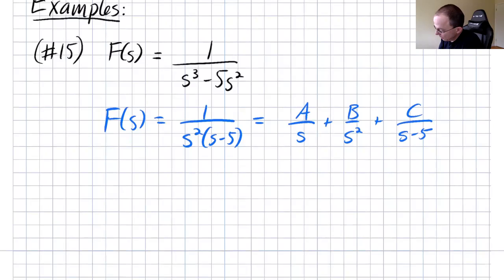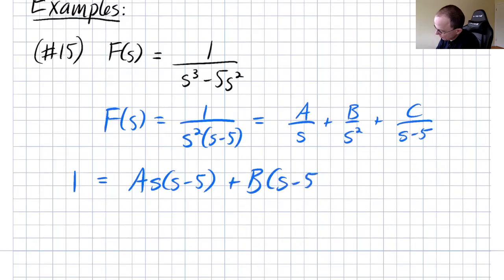And now we're going to solve for a, b, and c. So multiply both sides by s squared times s minus 5. And we get 1 equals a times s times s minus 5, plus b times s minus 5, plus c times s squared.